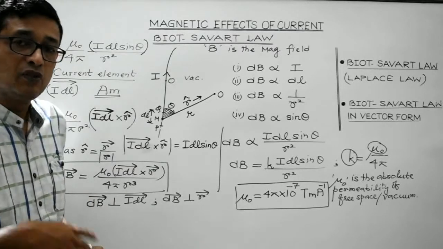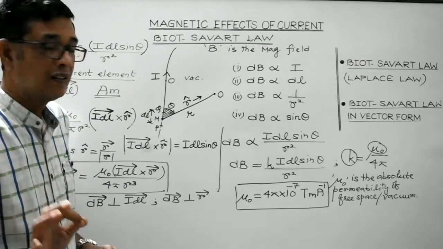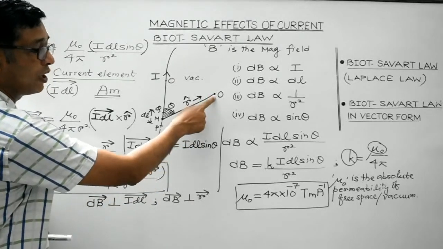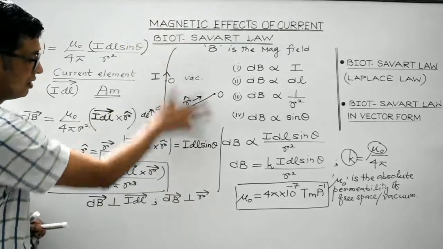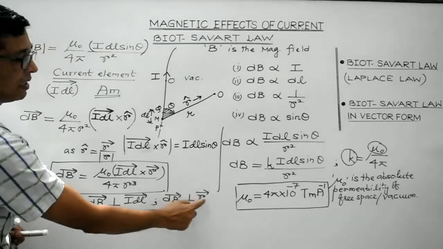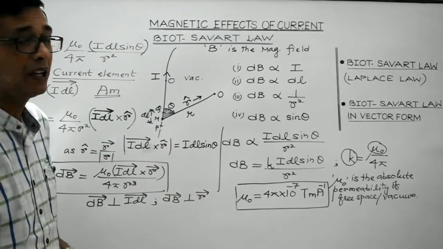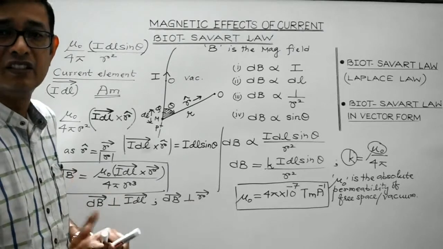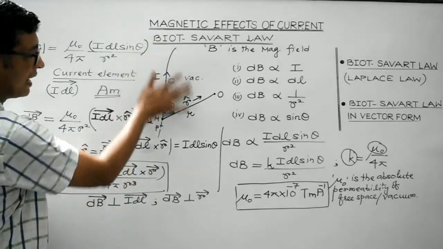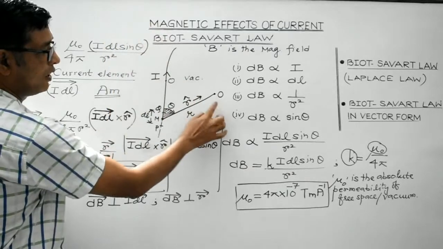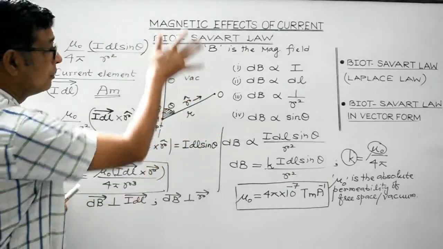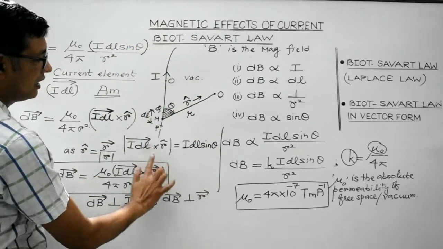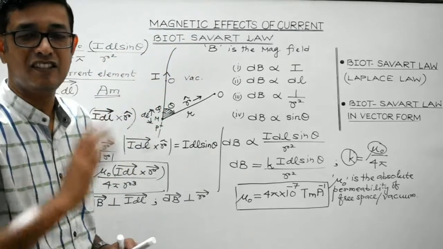So, in other words, the direction of the magnetic field at point O is perpendicular to the plane containing the current element and r vector. Am I clear, students? One thing we are very certain of is that the magnetic field at point O is perpendicular to the plane containing this current carrying conductor.